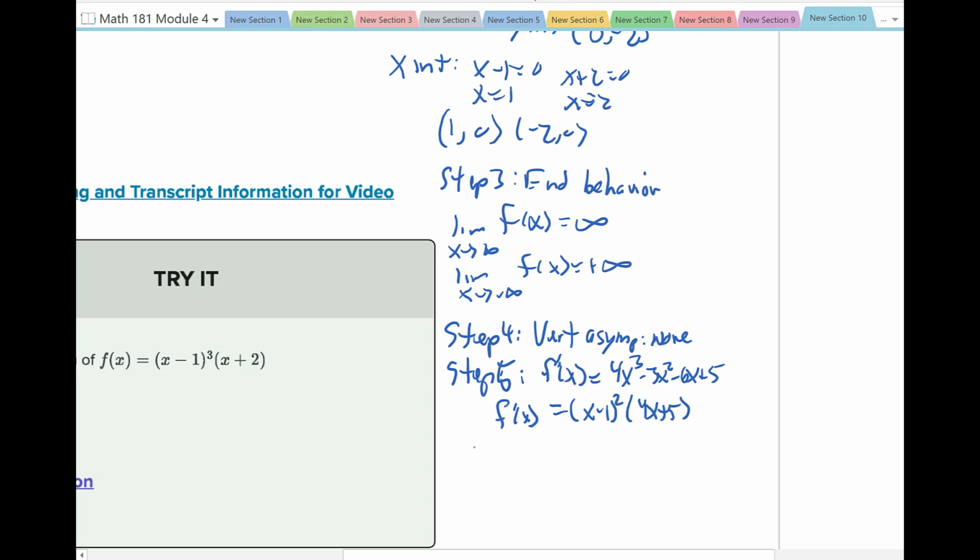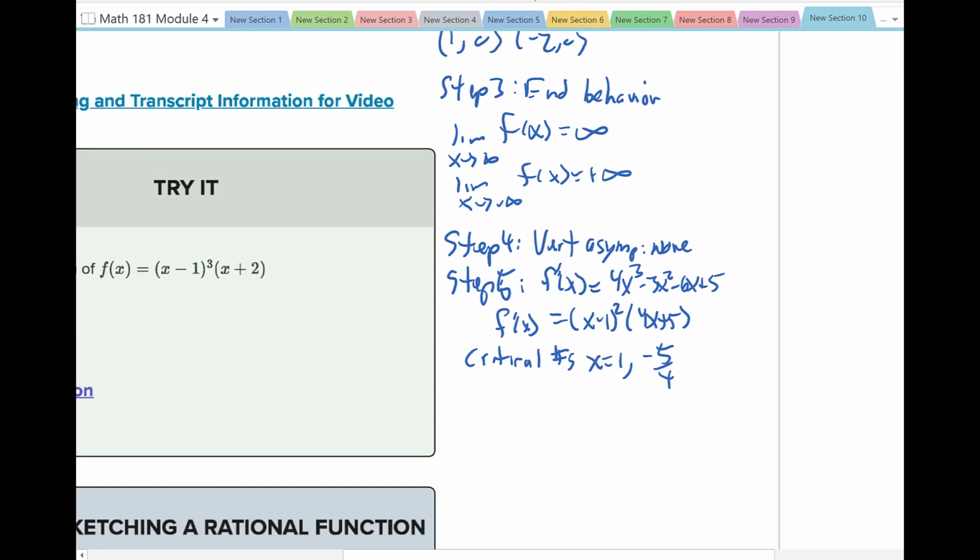So this tells us that the critical numbers, if you set those equal to 0, are x equals 1 and -4/5. -5/4, excuse me.